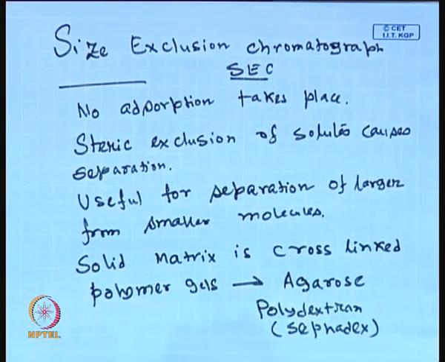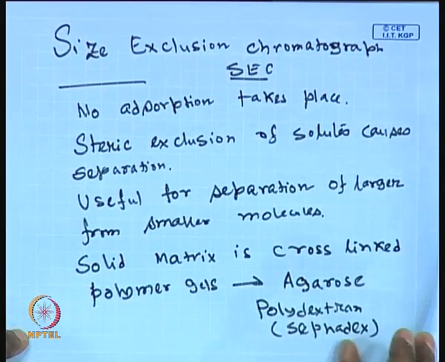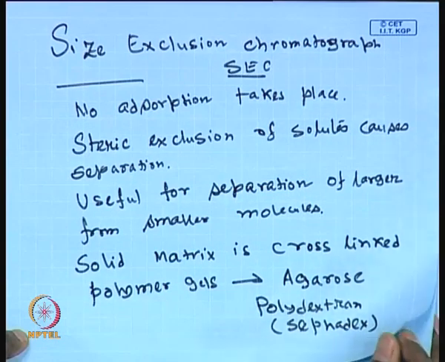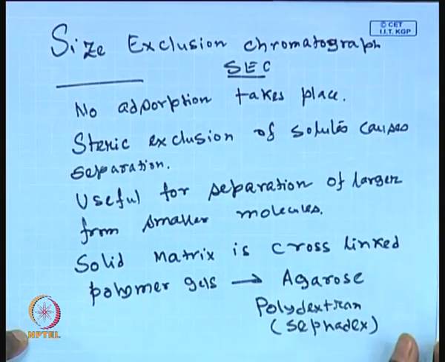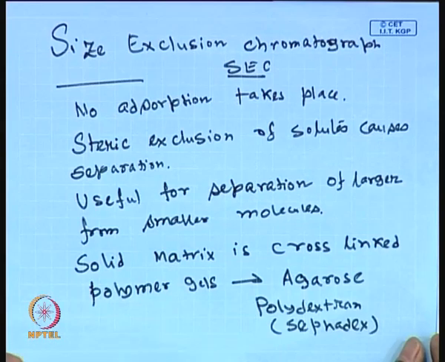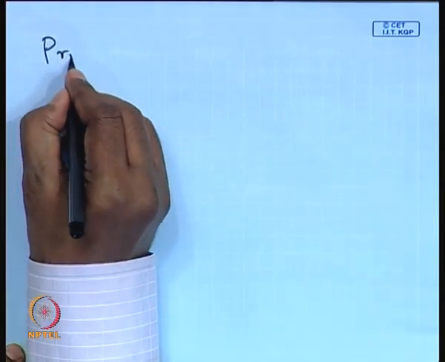So, these materials are used for preparation of the solid matrix, and this solid matrix is kept in the column. Depending on the size, the larger particles will be separated from the smaller particles. Okay. The smaller particles are allowed to flow along with the solvent through the column, and the larger particles will be excluded.